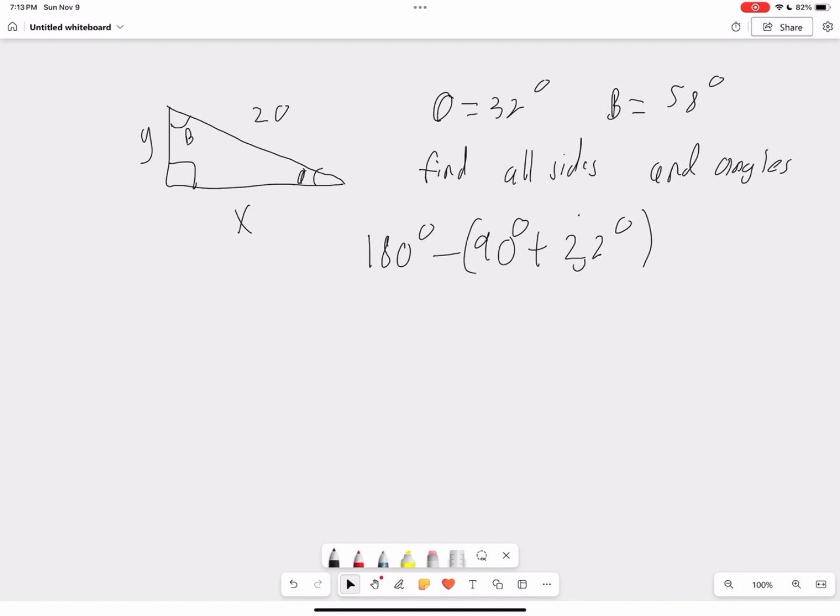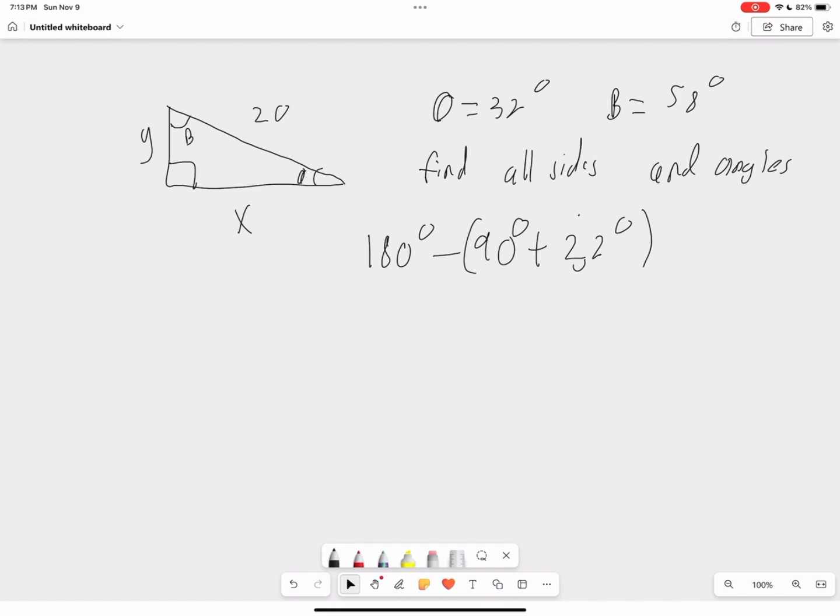Then I can solve for the other using the Pythagorean theorem. Why am I talking about this right now? Because later we'll be working with something called inverse trig. Inverse trig is a tool that allows you to solve for theta when you don't know what it is, but you have all the sides. I'll get into that a little later, but let's go ahead and solve for y.